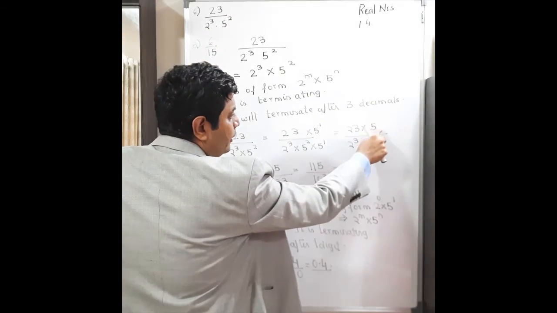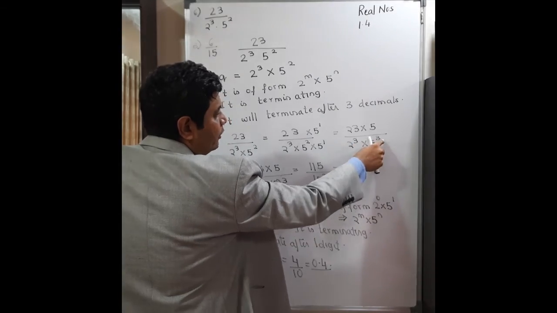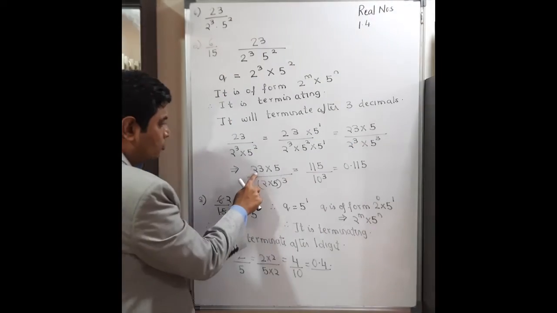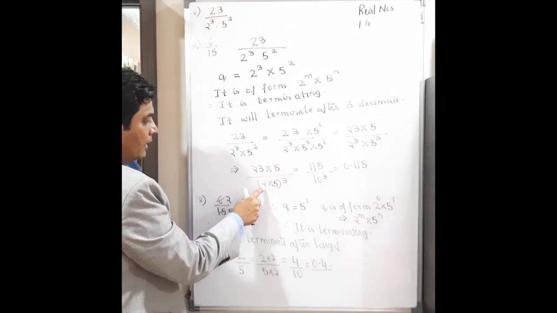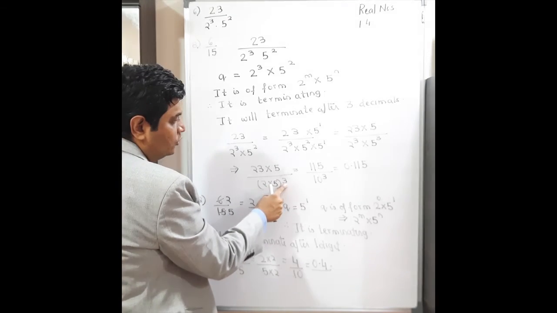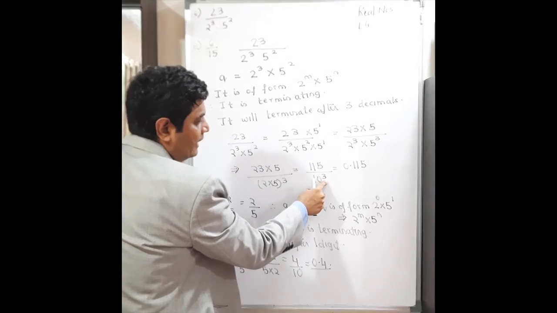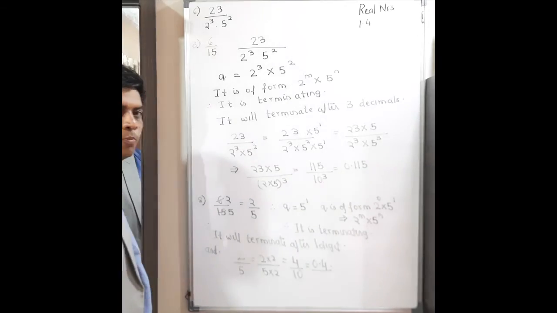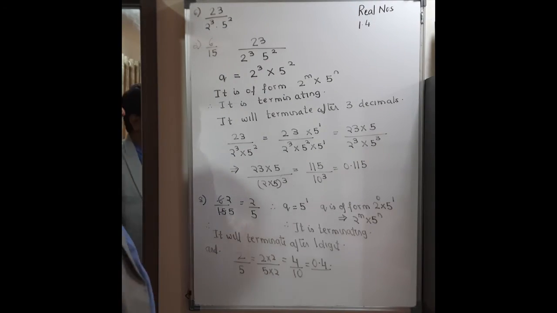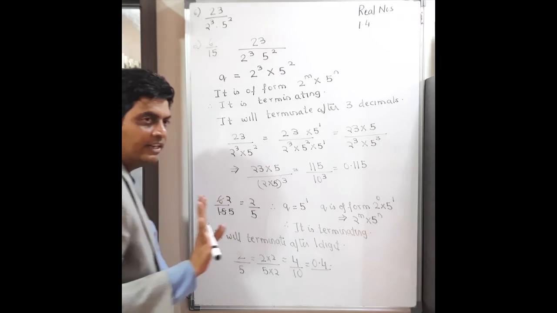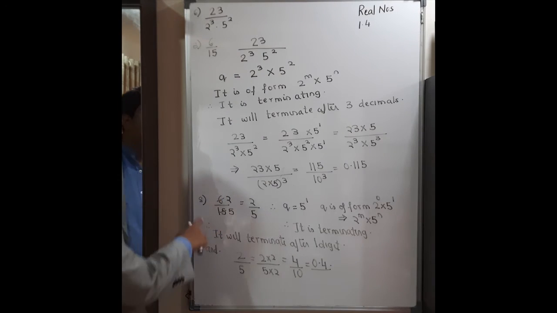So it is 23 into 5 divided by 2 raised to 3 into 5 raised to 3. So this becomes 23 into 5 divided by 10 raised to 3. 115 divided by 10 raised to 3. Answer will be 0.115. So this is also correct. It is terminating after 3 decimals. Correct.